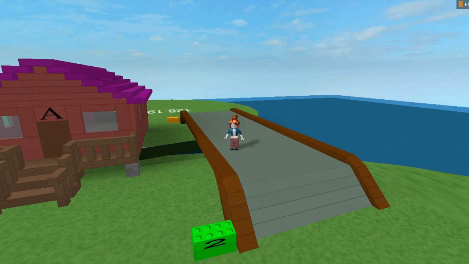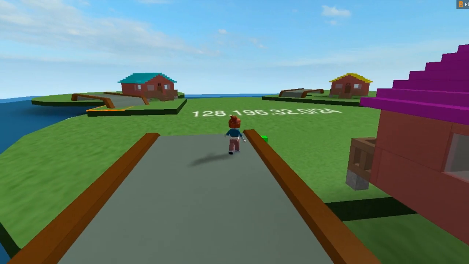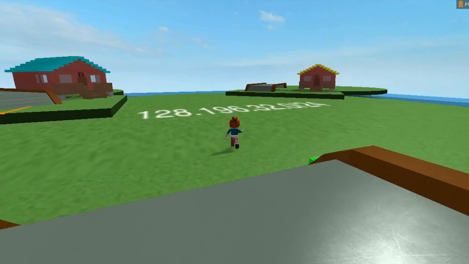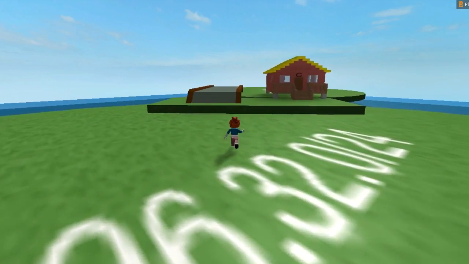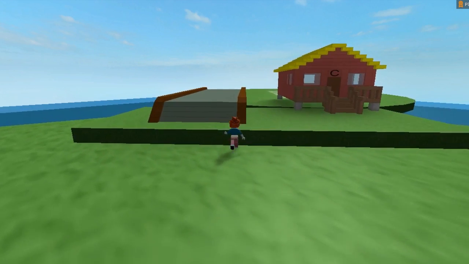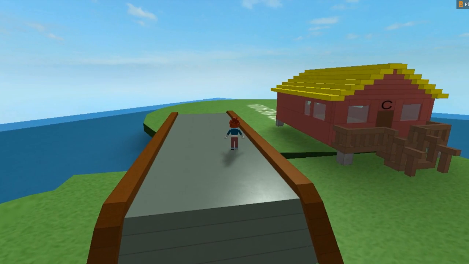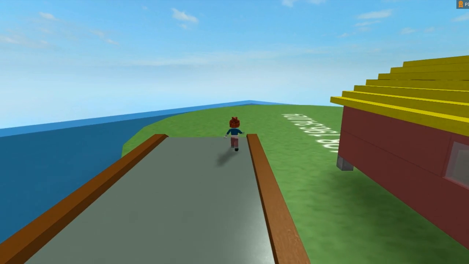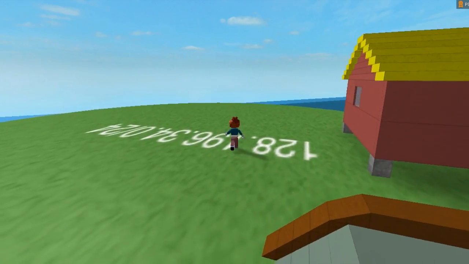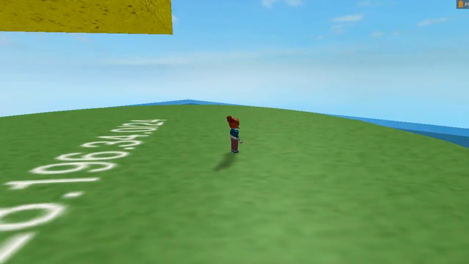I see one other area. Let's go. Okay, let's add this one to the table. So the address is 128.196.340.